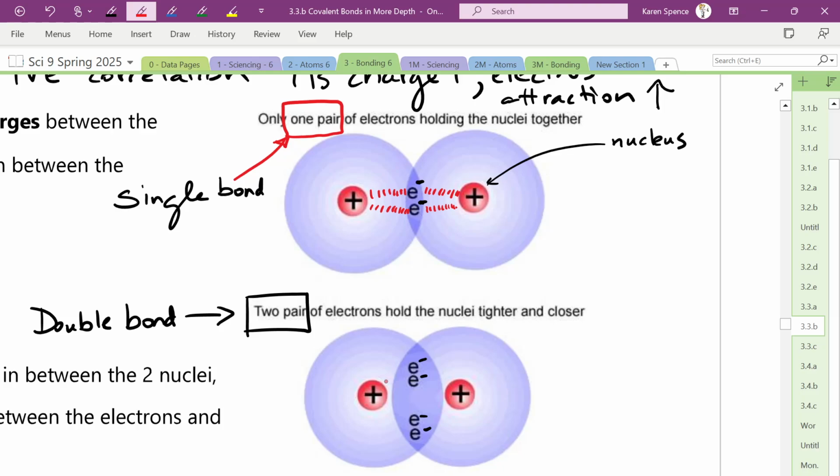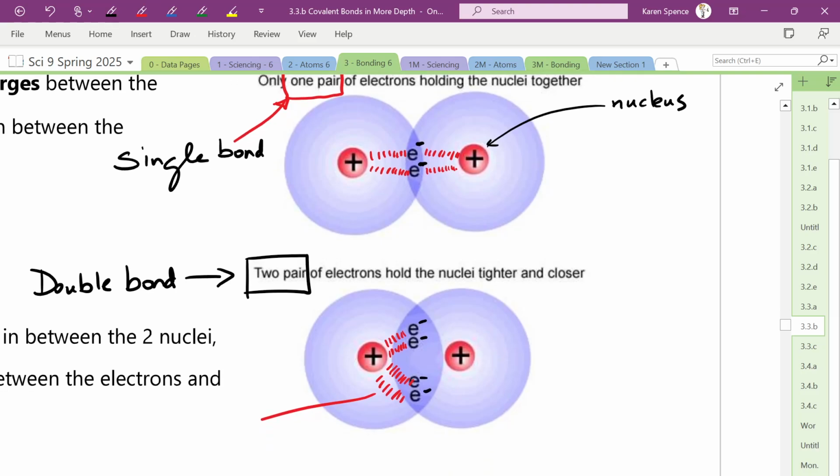Okay, so here we go. We've got attraction between the nucleus and electron 1, nucleus and electron 2, nucleus and electron 3, and nucleus and electron 4. Those right there are our, can I just start calling it the ES attraction? And that stands for electrostatic.